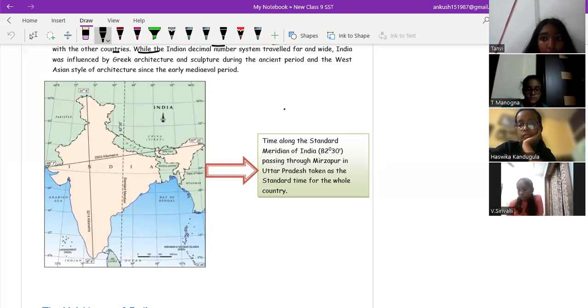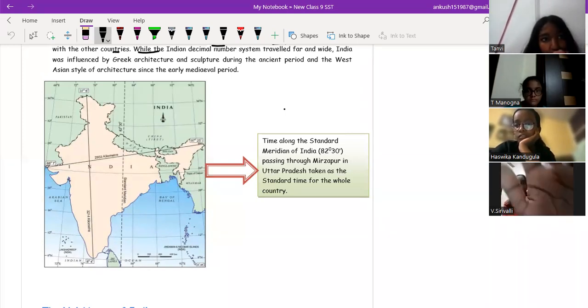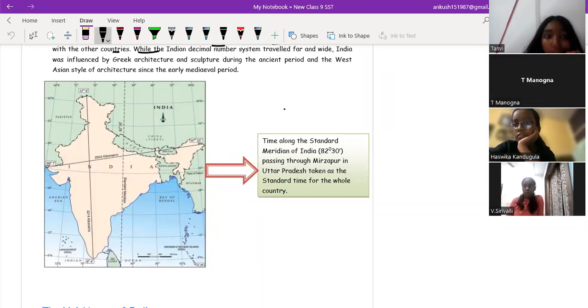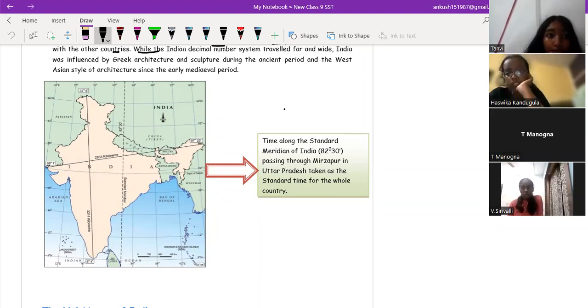But what does the standard meridian time do? The time in Gujarat and in Arunachal Pradesh is fixed. So if it is 5:30 in Arunachal Pradesh, it would be 5:30 in Gujarat also, even if it is dark in Gujarat and the sun is up in Arunachal Pradesh.